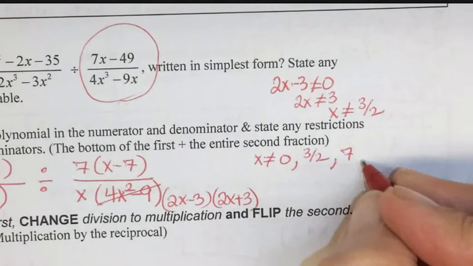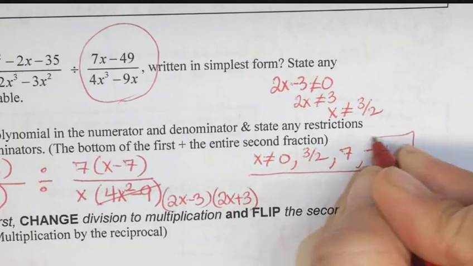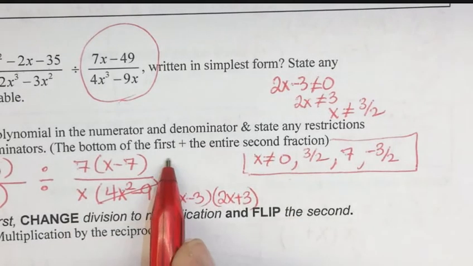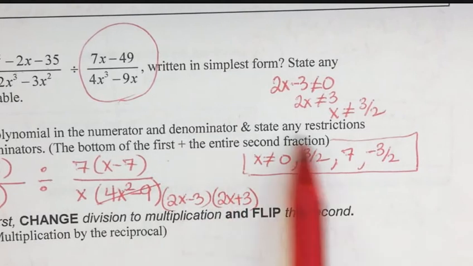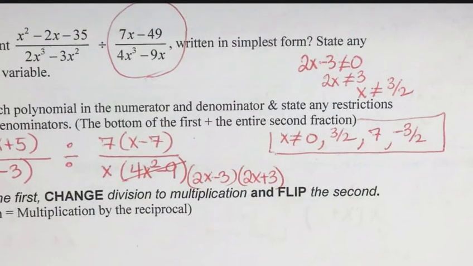Negative 3/2. So we get more restrictions because not only am I looking at just the denominators, I'm looking at the entire second fraction as my real denominator to the entire problem. Okay? So that's that little added level of difficulty with the multiple choice. You have to be very, very careful on those.